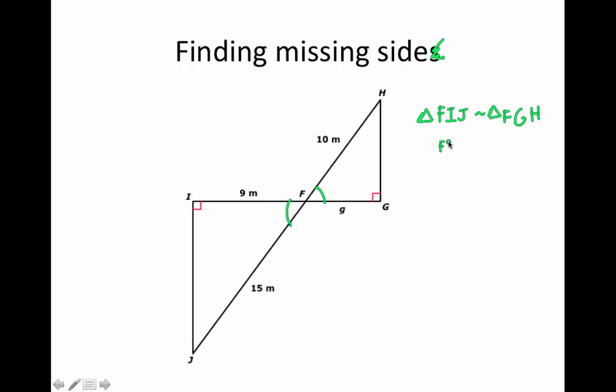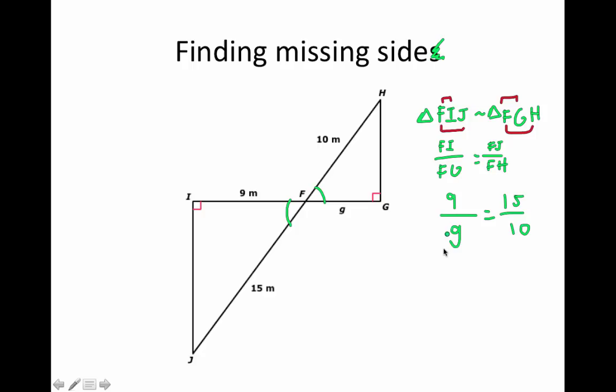I'm going to compare FI to FG, and then I'll compare FJ to FH. So FI over FG is equal to FJ over FH. Plug in the sides I know. 9 over G equals 15 over 10.